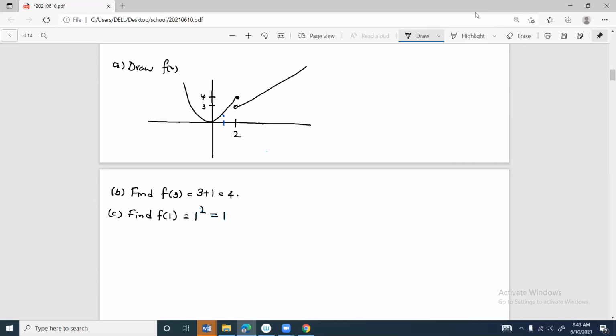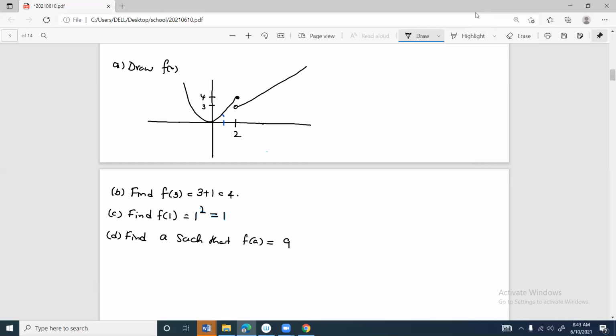Right. Then part D. Part D is they want to find a such that f(a) equals 9. That's a way of asking this question. Now that means a y value is given. We need to find the solution for this.